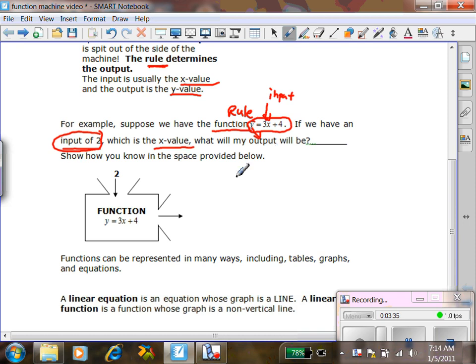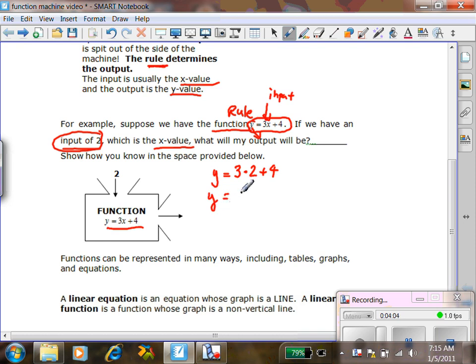Well, we've got to do a little calculating here. So we're going to drop the number 2 into our input section of our function machine. Our function is y equals 3x plus 4. If we drop that in, we go y equals 3 times 2 plus 4. And that function machine starts working. It goes boop, boop, boop, and it's going to spit out a number.